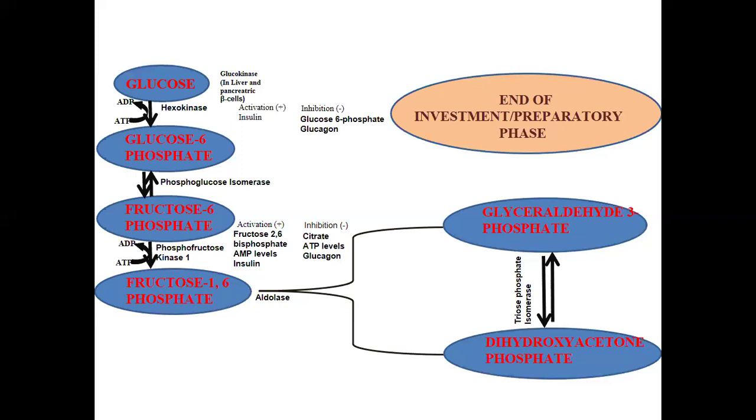And then this fructose 1,6-bisphosphate will be broken down into two interconvertible products. The first one is glyceraldehyde 3-phosphate, and we have dihydroxyacetone phosphate. So glyceraldehyde 3-phosphate and dihydroxyacetone phosphate can interconvert.